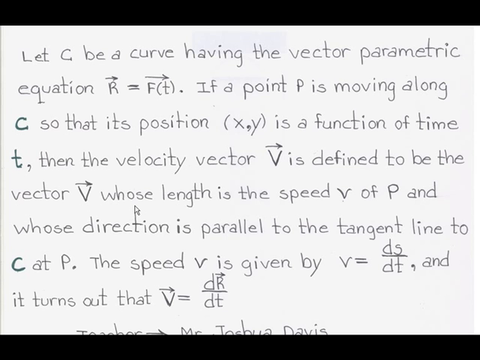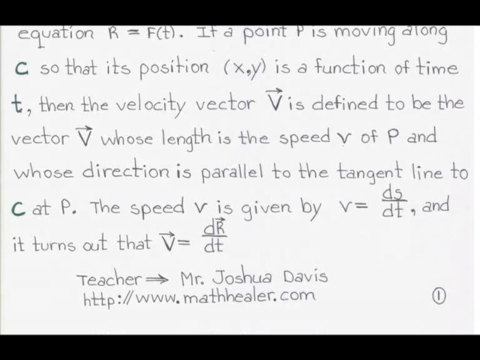The magnitude of v, of that vector velocity, is the speed of that point at P, and whose direction is parallel to the tangent line to the curve at C. The speed v is given by v is equal to ds/dt, and it turns out that the velocity vector is defined to be the derivative of r with respect to t.